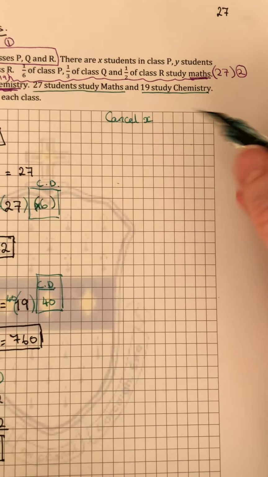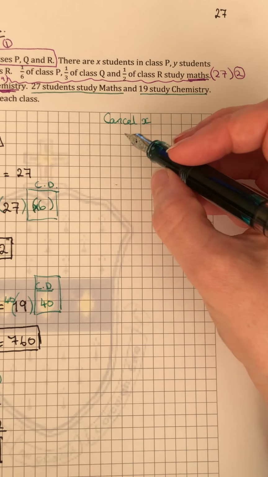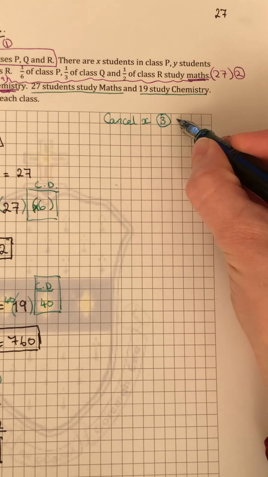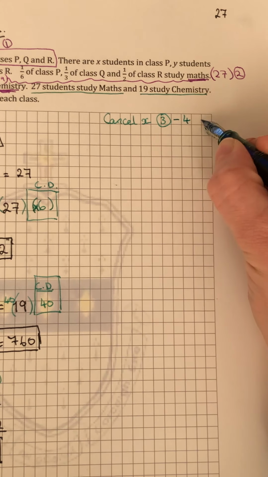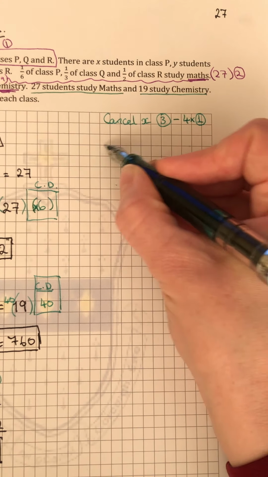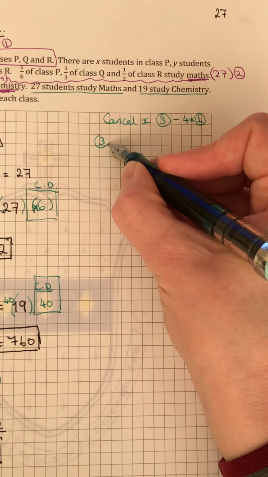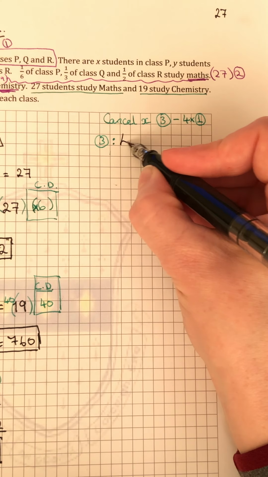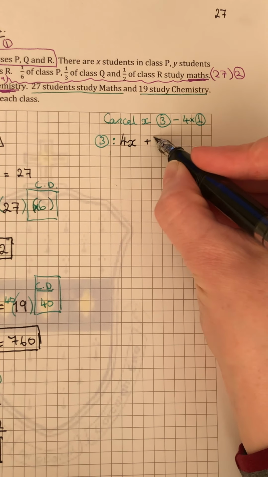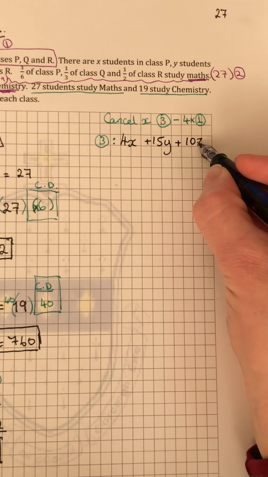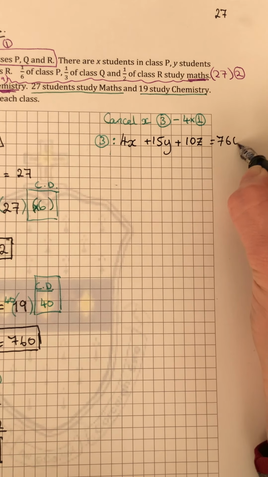Okay, so cancel x by doing equation 3, take away 4 times equation 1. And the reason I have to do that is because in equation 3, I have a coefficient of 4 in front of x. 4x plus 15y plus 10z equals 760.